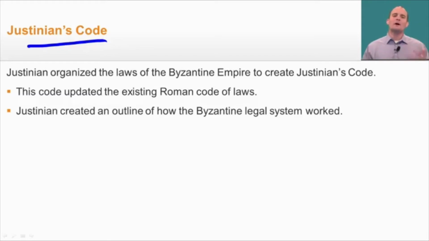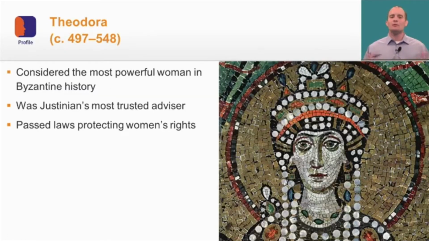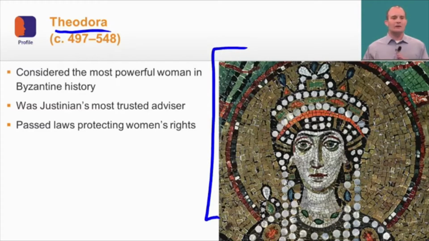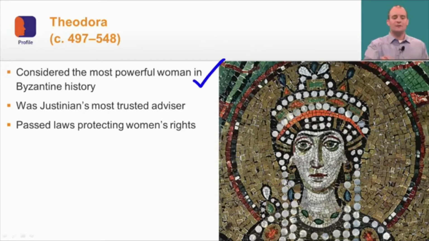Well, and to help Justinian out through his whole process of making these codes and expanding his empire was Theodora. Again, you can see a mosaic of her to the right of the screen. Now, she was considered the most powerful woman in Byzantine history. Also, she was Justinian's most trusted advisor, and she passed laws to help protect women's rights.